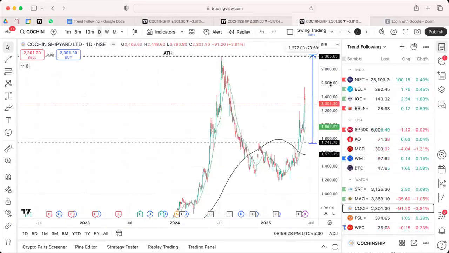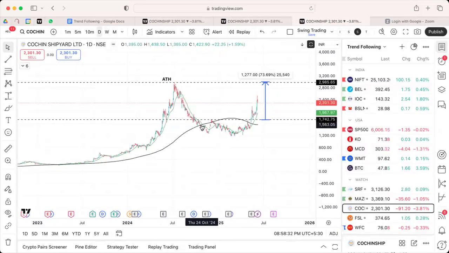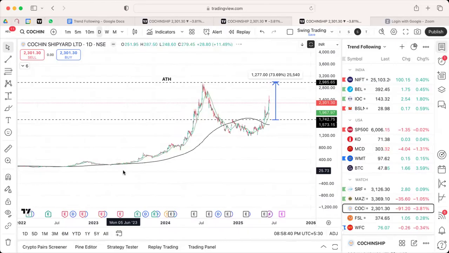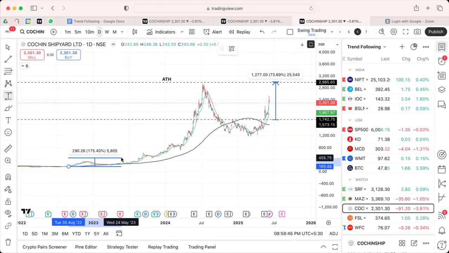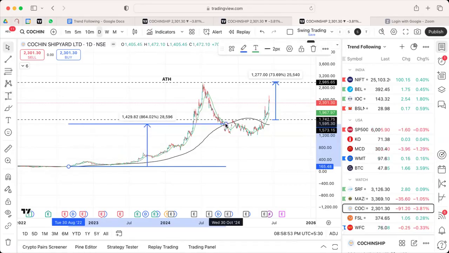On the daily chart, the 20 is above the 200, except that for some time it was below, so I would not enter during that time. But you'll see that the 20 has been above the 200 all this time. If you started entering at the point where the 20 went above the 200 and stayed in the trade all this time, look at that. That would have been 865%, from August 2022 to October 24.